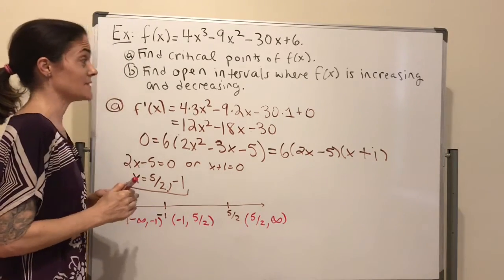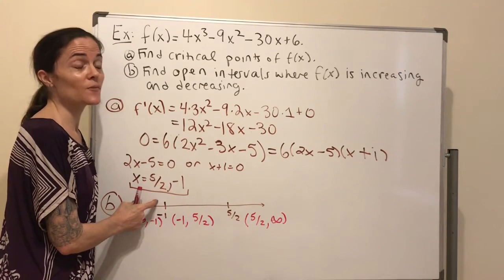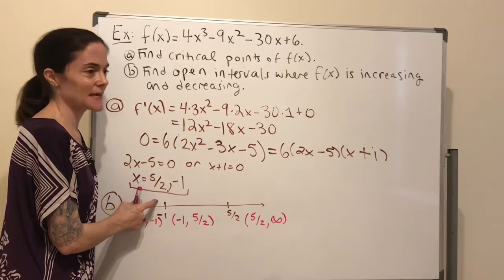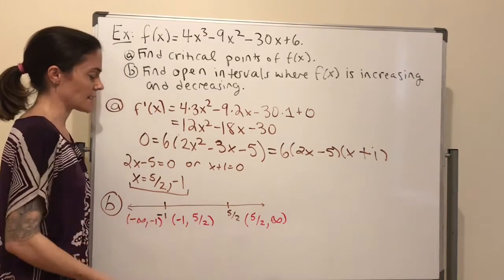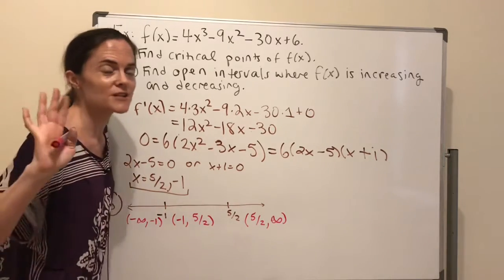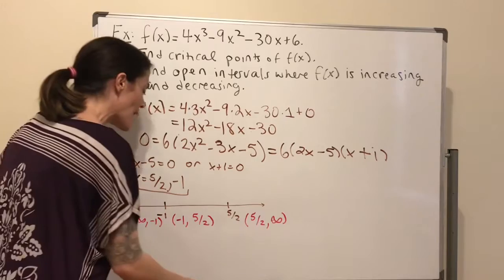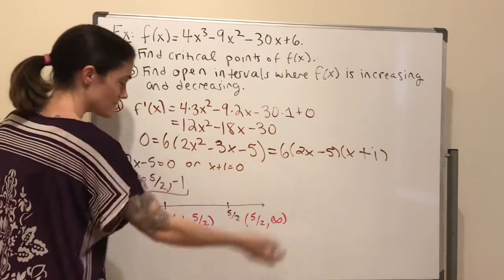Now, what I need to figure out is on this open interval, is the derivative positive or negative? Because if we have positive, we can say increasing. And if we have negative, we say decreasing for the original f of x. So how can we do this? Well, you see I have the derivative factored.